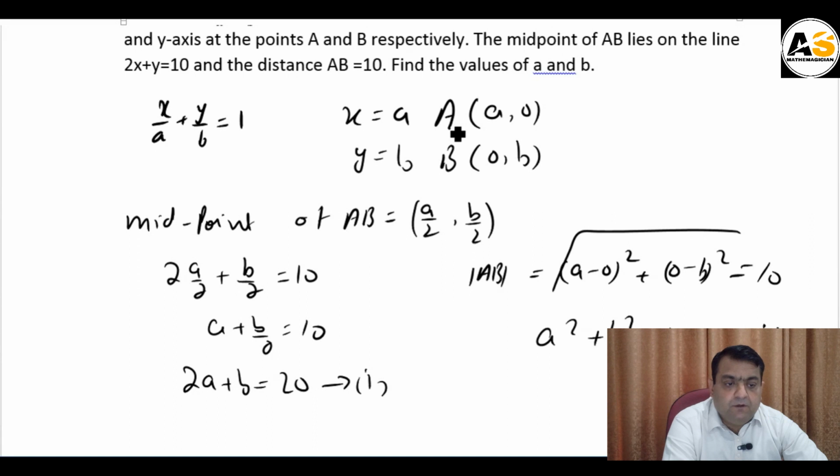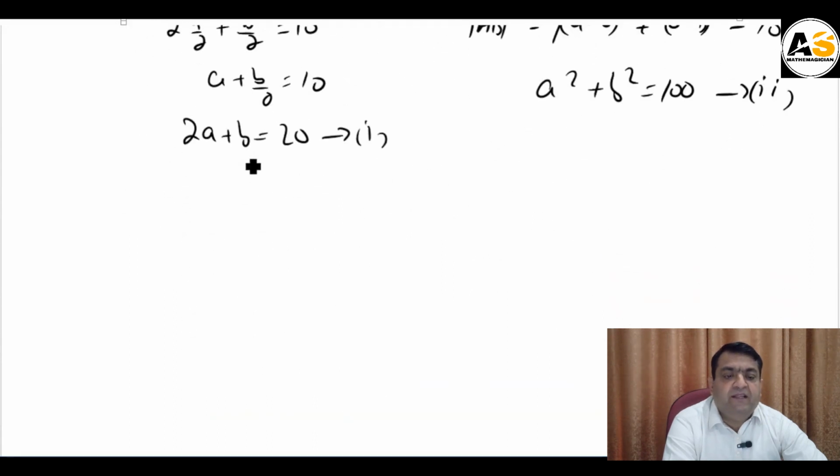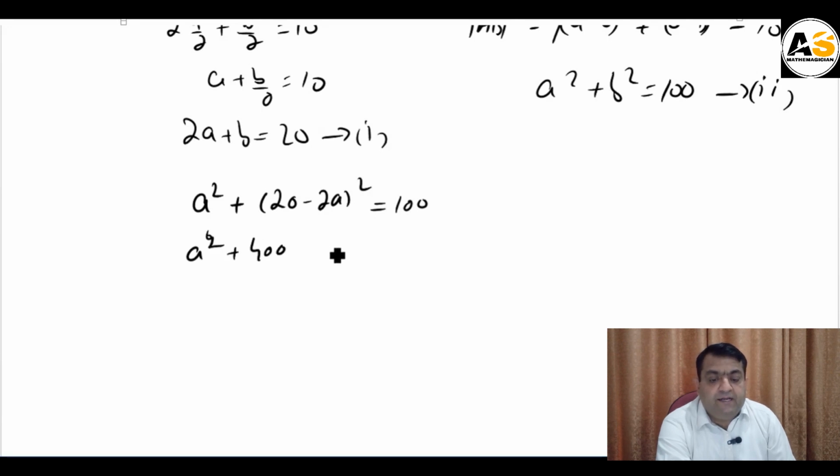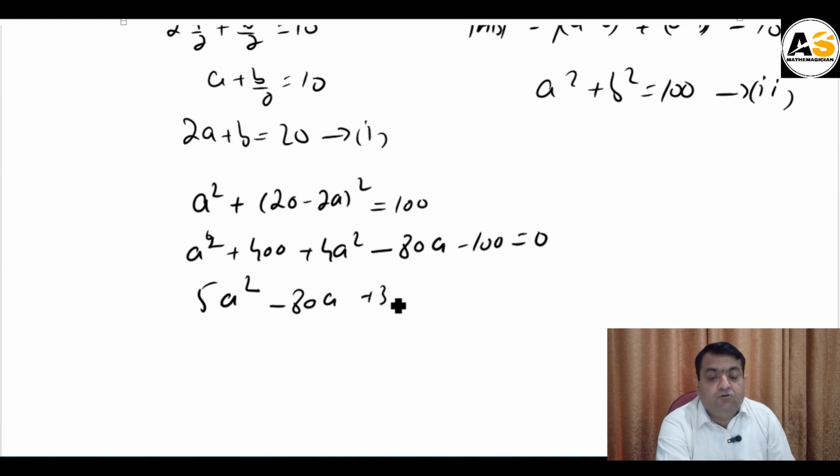Clear? From this equation, put the value of b in this. What we will get? a square plus (20 minus 2a) square is equal to 100. a square plus 400 plus 4a square minus 80a minus 100 is equal to 0. 5a square minus 80a plus 300 is equal to 0. a square minus 16a plus 60 is equal to 0.